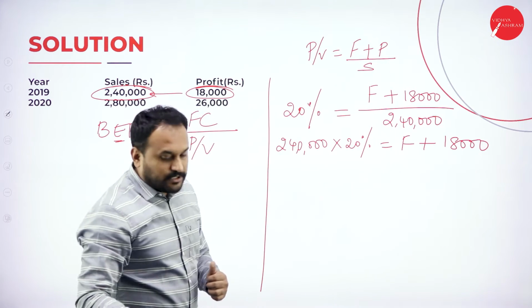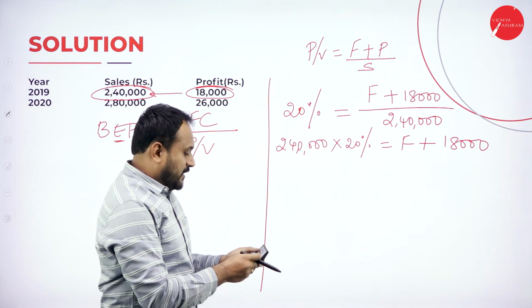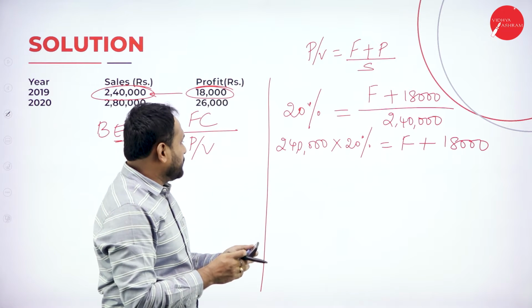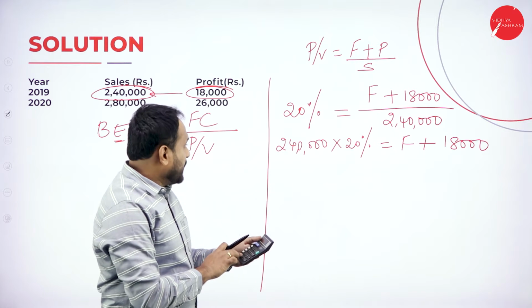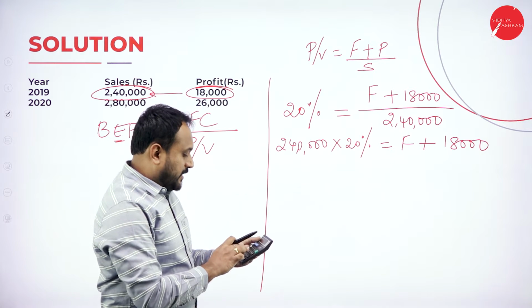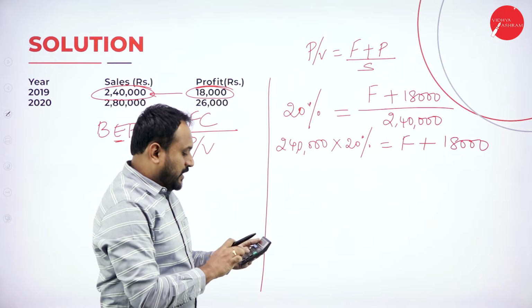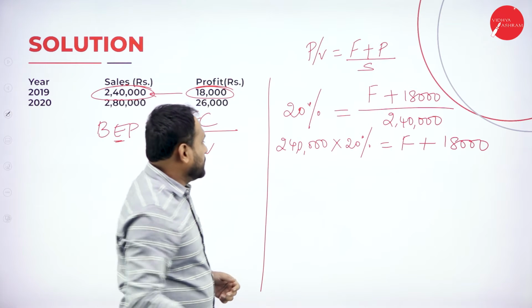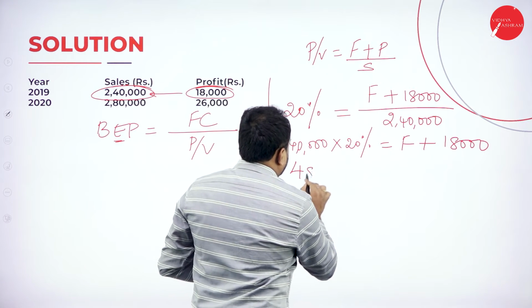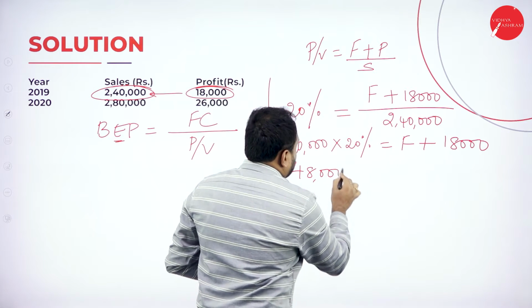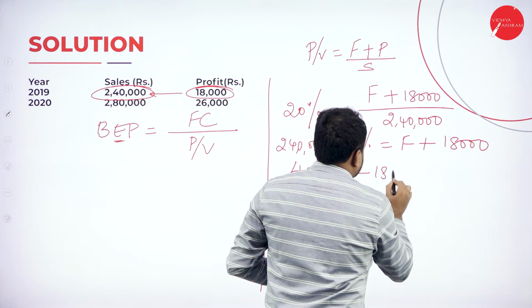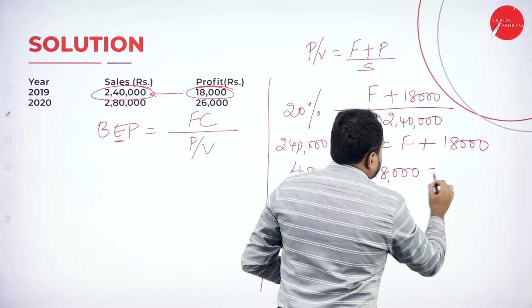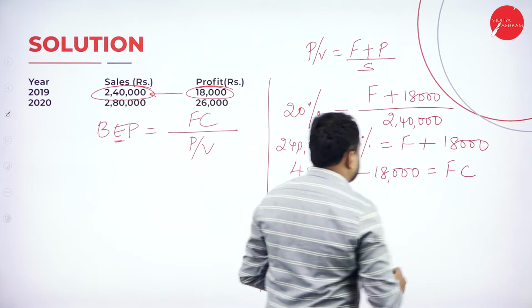Now here what happens is 2,40,000 into 2. Now 2 fours is 8, so it is 48,000. 24 done into 20%. Yeah, 48,000. So we'll get 48,000. Now this will come here minus 18,000 is equal to fixed cost.